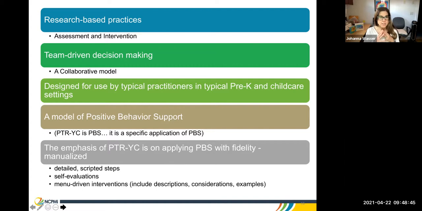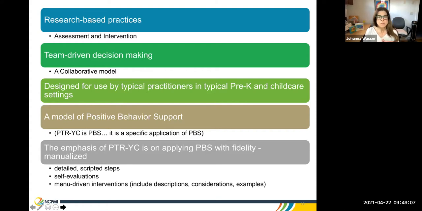So that gives you some validity in what you're doing and what types of interventions you're using. As I mentioned before, it is a team approach. It cannot be written without the teacher. And ideally, if the child has an IEP, that their special education team is part of this as well, or if there's a pyramid model coach, that they're part of it. If families can be involved, of course, we want families to be involved too.